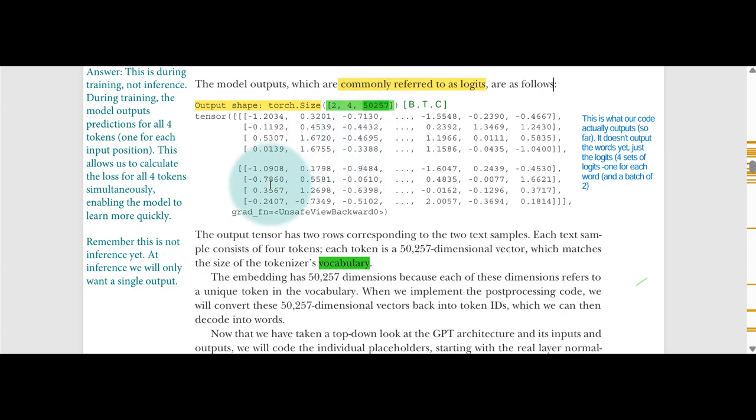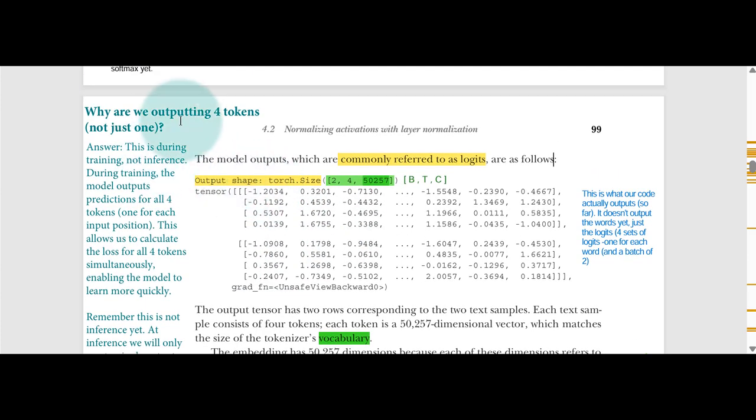Now you still might ask, why are we outputting 4 tokens? I only want to output one token, or maybe you think, I want to output 100 tokens, because when you give a prompt, you might get many, many words in the answer.